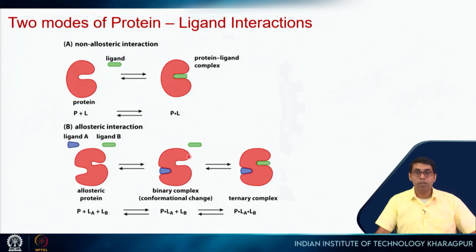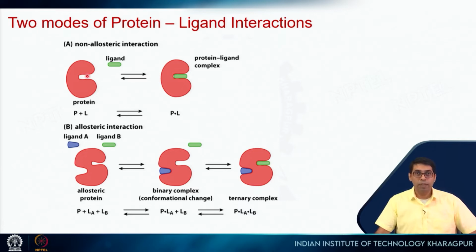Then the protein binds the ligand, which we will call ligand B. So this is the ligand, and this is the modulator. Modulator binding changes the shape of the binding site for the ligand, and then the ligand will bind. This is a positive modulator. We will also see a negative modulator, where the ligand can bind, but when the modulator comes and binds, the ligand cannot bind. We will see examples of this.